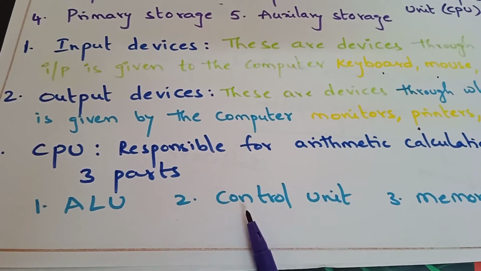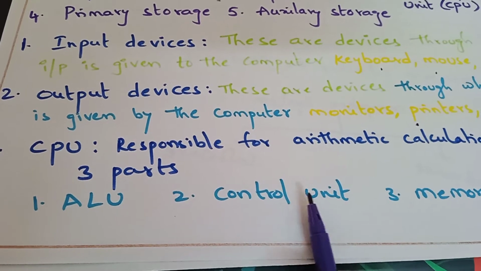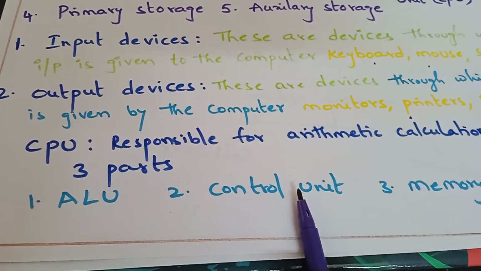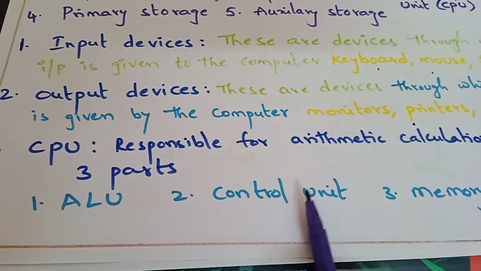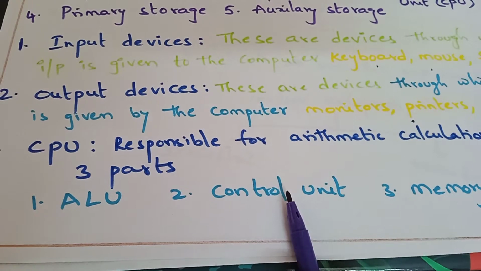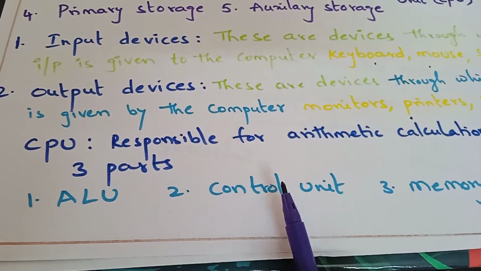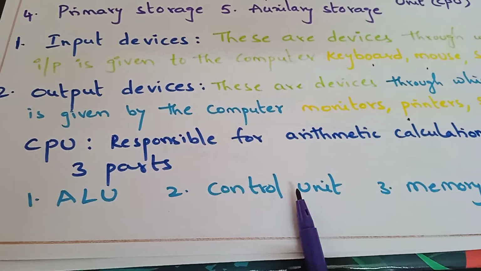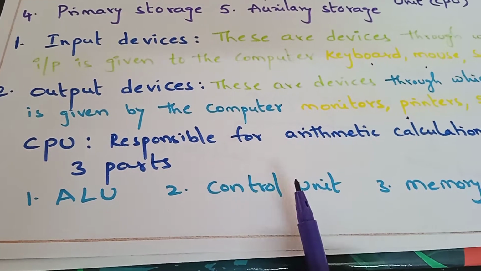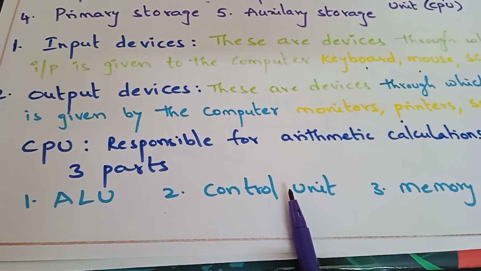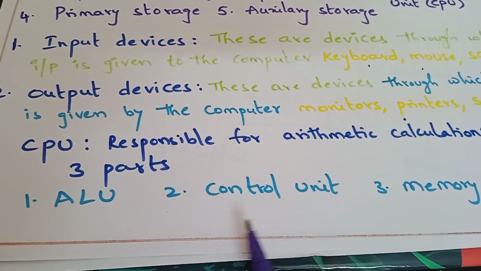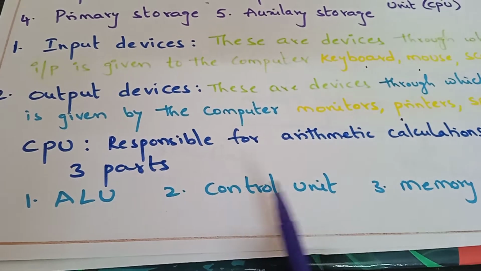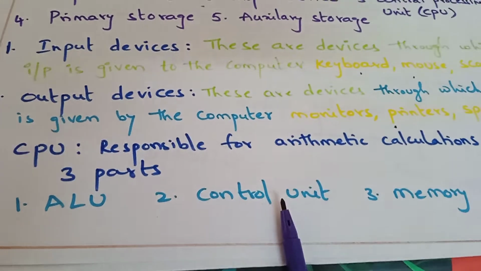The control unit controls all sorts of computer operations. It instructs us when to start and when to stop. Majorly, the control unit is responsible for controlling the operations of the computer.